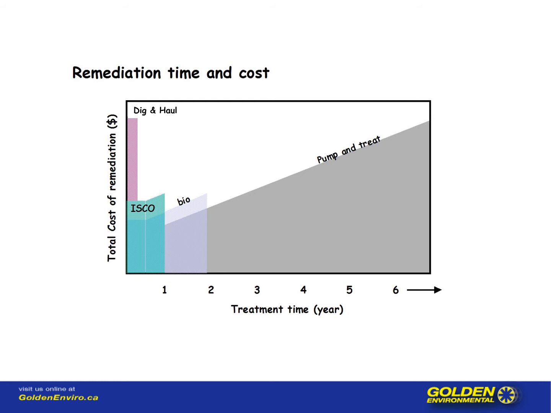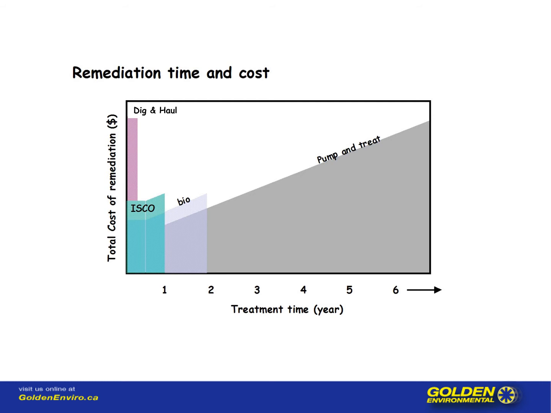If you look at in situ chemical oxidation, it happens relatively quickly as far as time goes. It's longer than dig and haul, but it is shorter than bioremediation, and it is a much more cost-effective approach to in situ remediation, or ex situ remediation, compared to dig and haul.